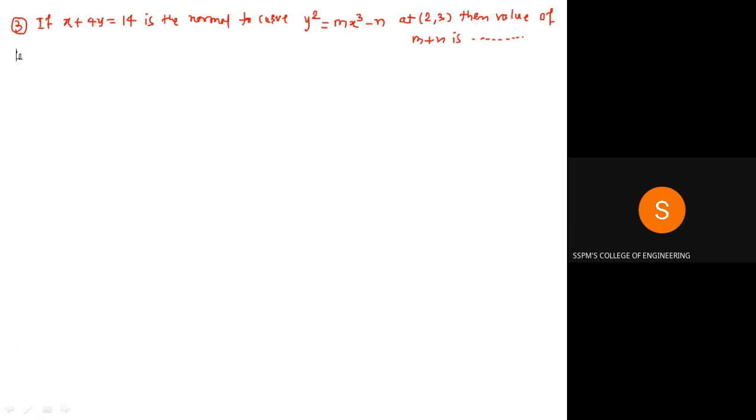So first you have to take the equation of the curve. So y square equals mx cube minus n. Differentiating on both sides with respect to x.